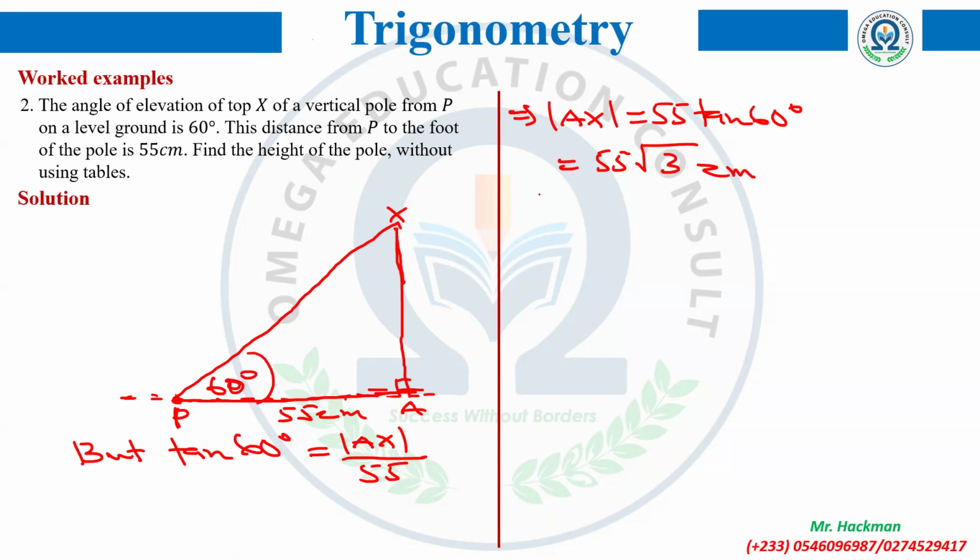So I'll write: therefore, 55 root 3 cm is equal to the height of the pole. Maybe at least you get my point.